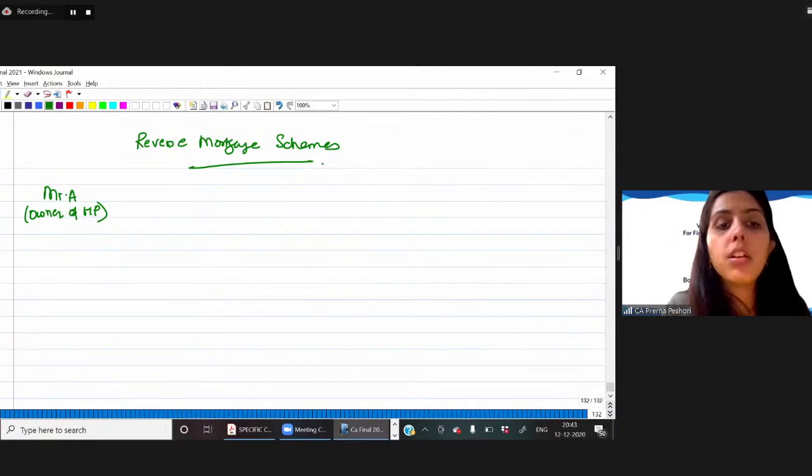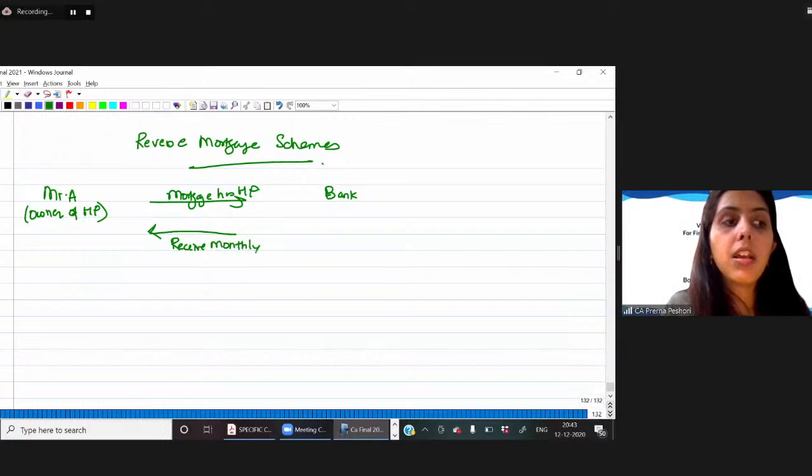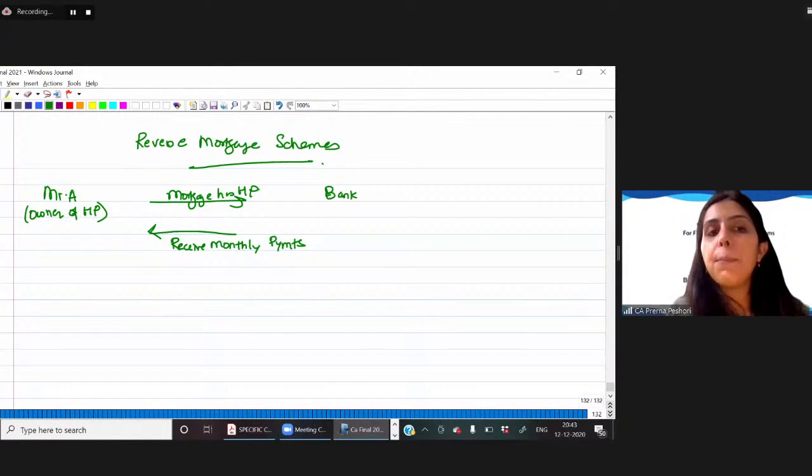What he will do? He will mortgage his house property with the bank. And in lieu of that, the bank will give him monthly payments. Now these monthly payments, in lieu of giving your house property, are exempt under section 10(43).